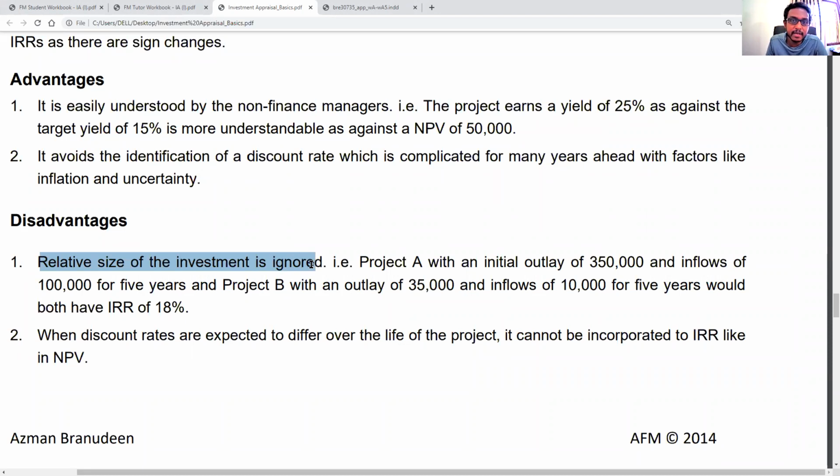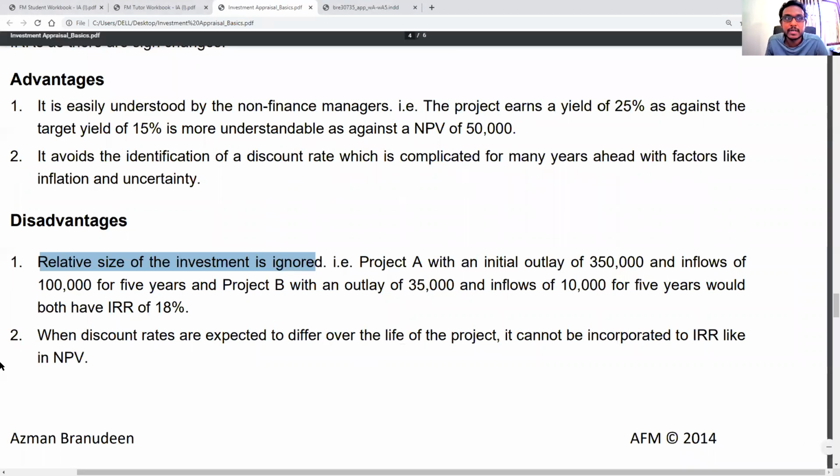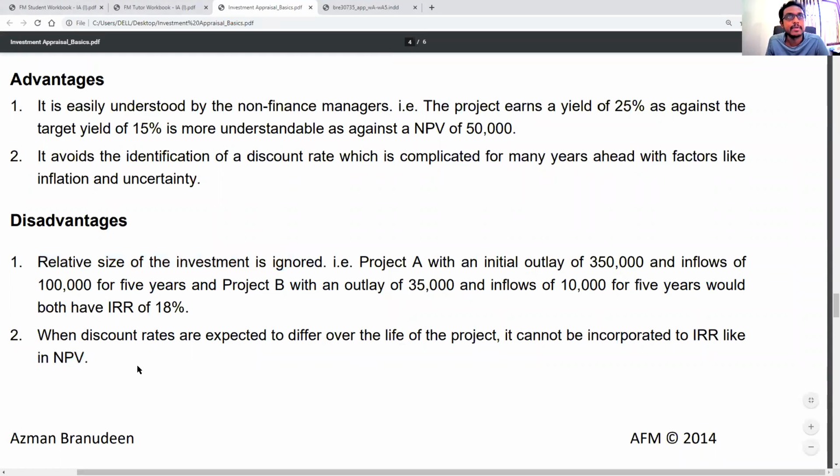You can have the same IRR, say 10%, for a project which takes up 5 million as opposed to a project that takes up 5 trillion. Same IRR, so comparing scope can be difficult. And when discount rates are expected to differ over the life of the project, it cannot be incorporated into IRR like in NPV. That is what I discussed here as well.